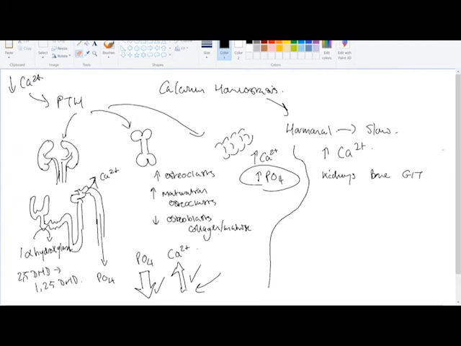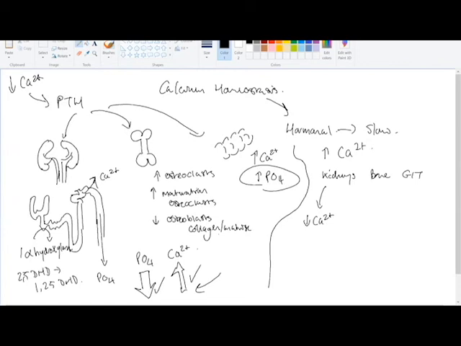In the kidneys, calcitonin will try to decrease calcium reabsorption from the distal convoluted tubule.